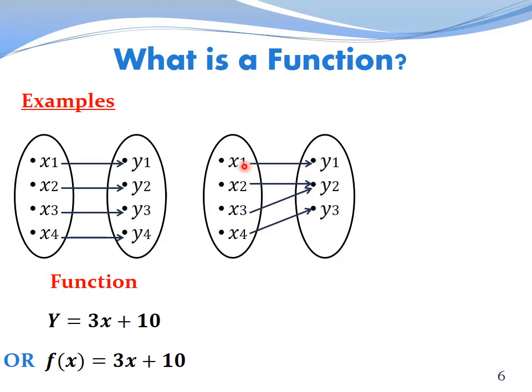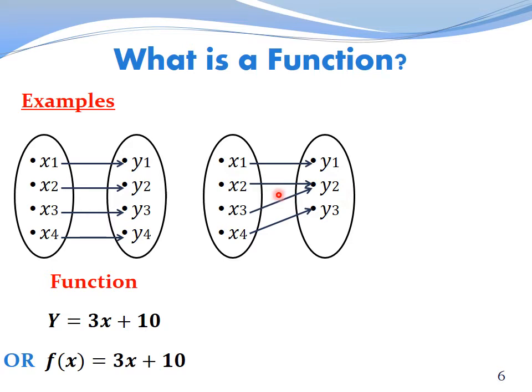Why? Because each element of x1, x2, x3, and x4 corresponds to only one element of the output set y1, y2, and y3. Although these two, x2 and x3, correspond to the same element, this makes no problem.